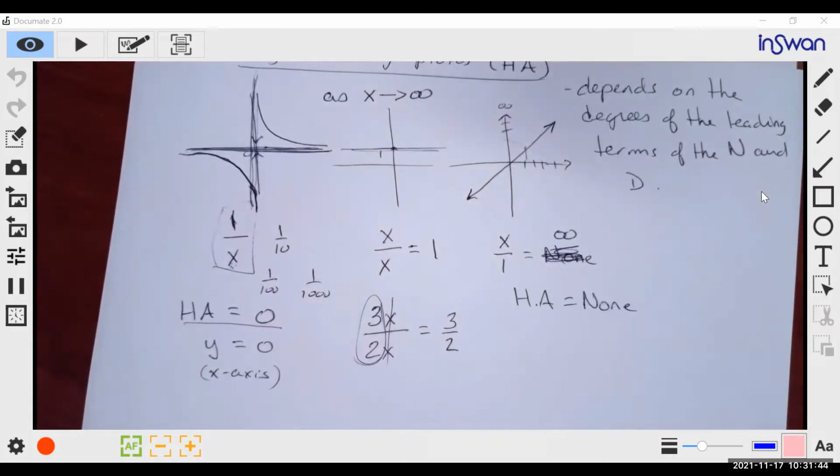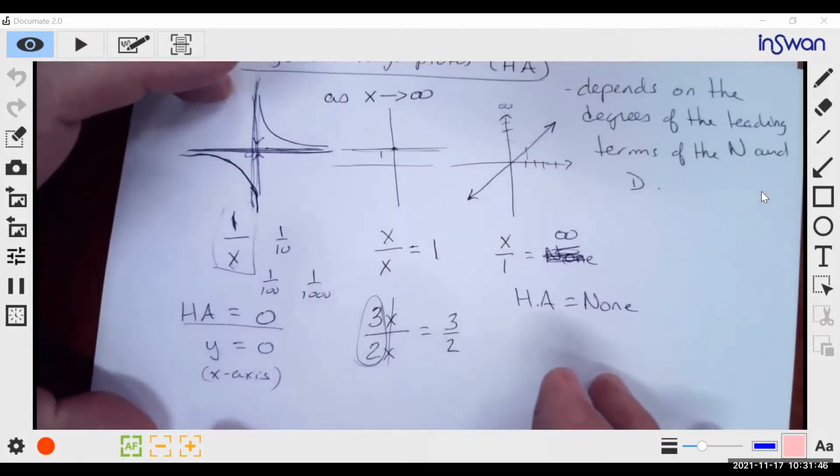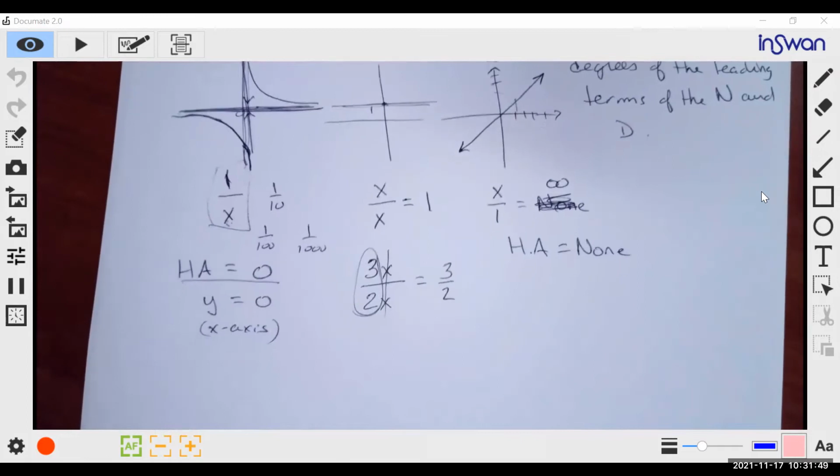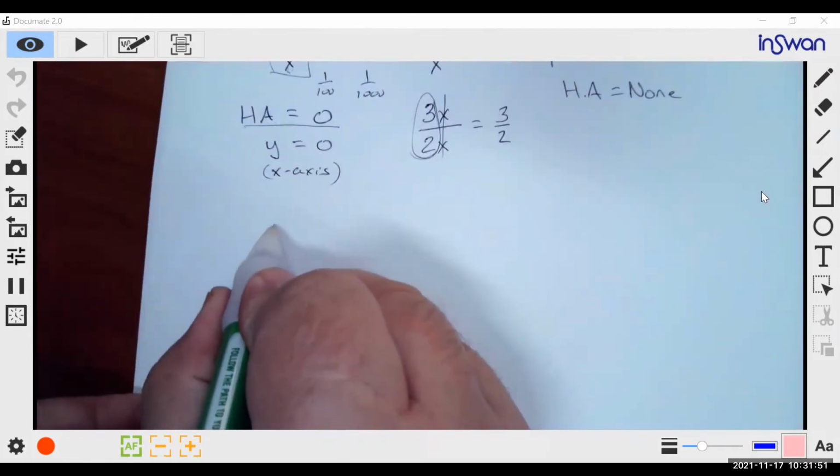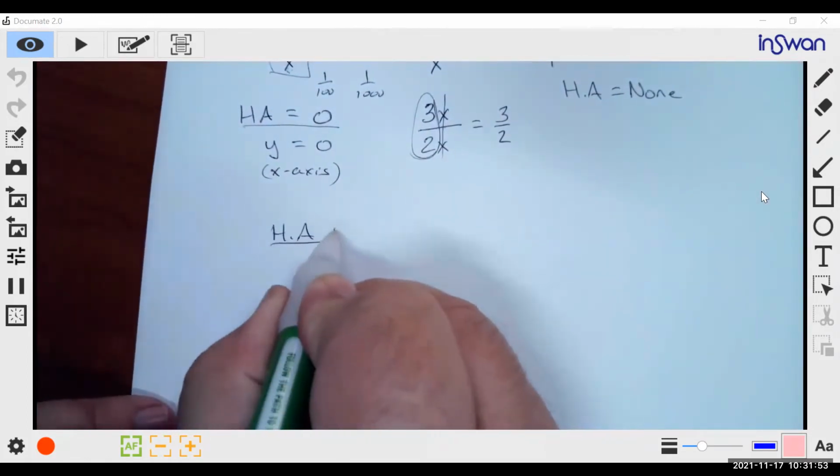All right, so I started off with this, and I'm gonna show you the rules of horizontal asymptotes.